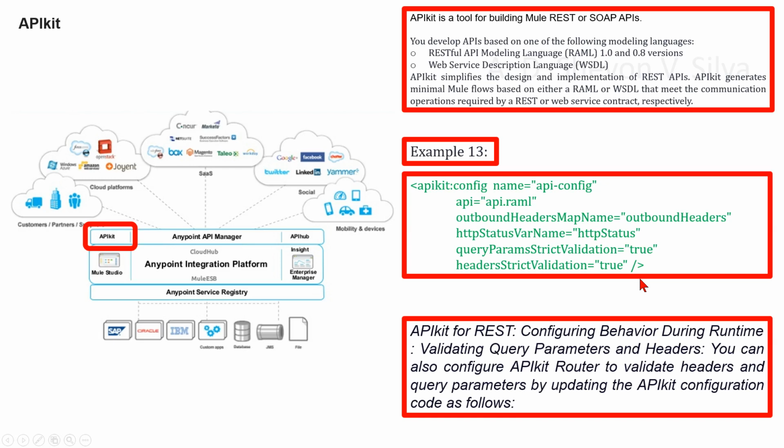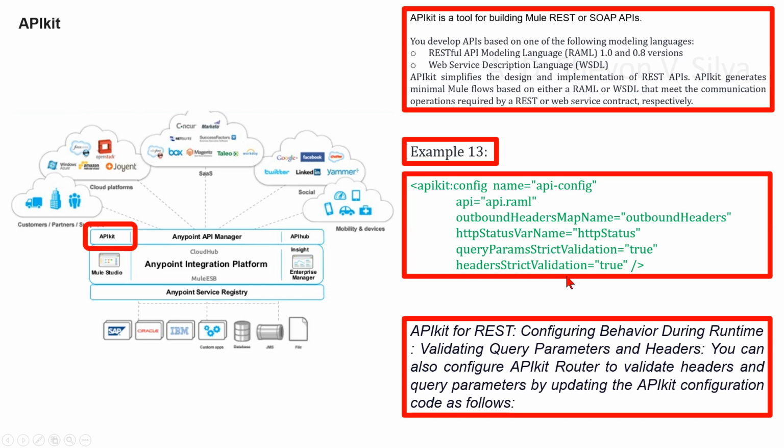Select query parameter strict validation to restrict usage of query parameters to the ones defined in your API specification. 4. Select header strict validation to limit the headers to the ones specified in your API specification.